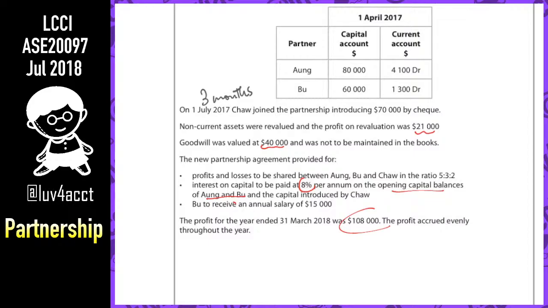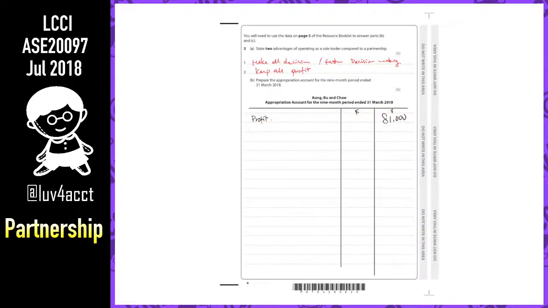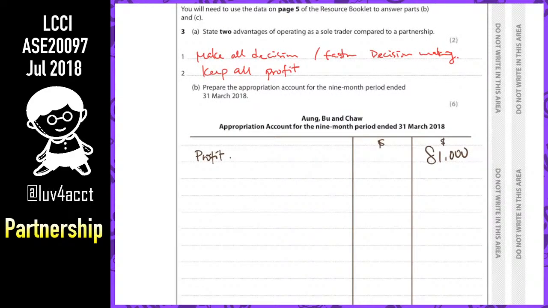Okay, so we have salaries, interest on capital, as well as the share of profit. Okay, Bu is to receive salary, so I will put salaries first. Okay, 15,000 for 1 year, but then it is only for 9 months.